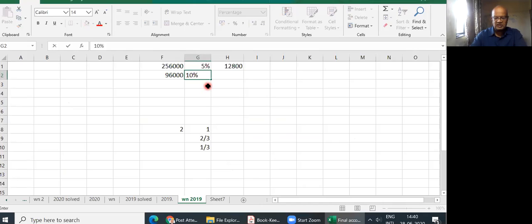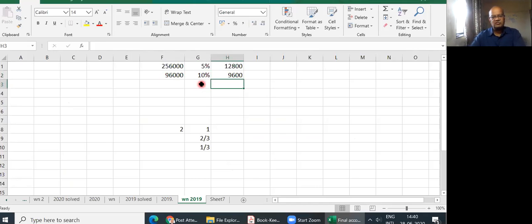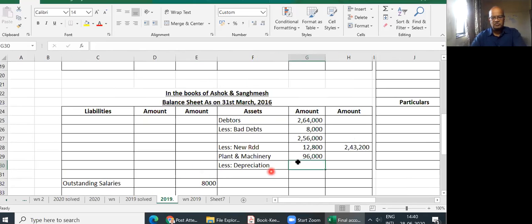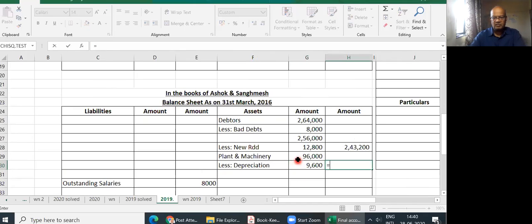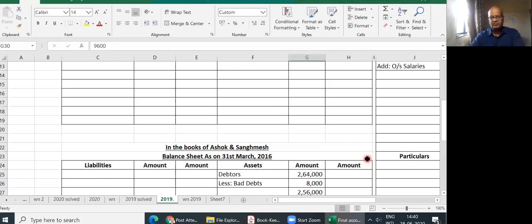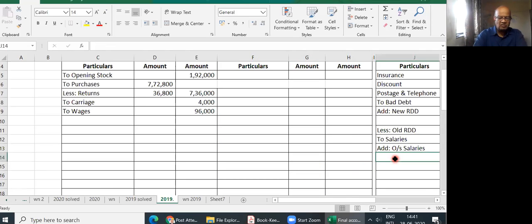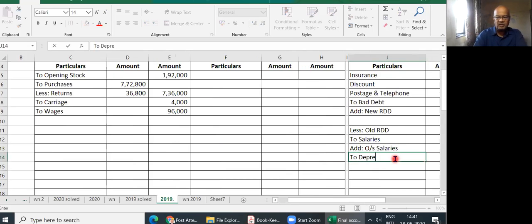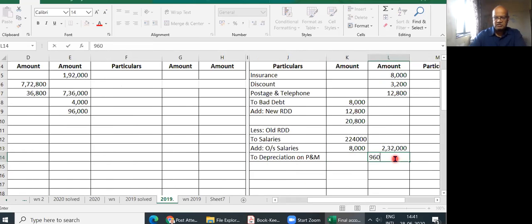So 10% of 96,000 is 9,600. We subtract this from this, and this depreciation amount we write in the P&L account: depreciation on plant and machinery 9,600.